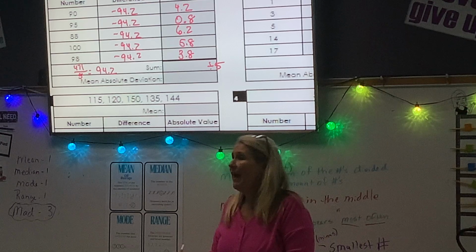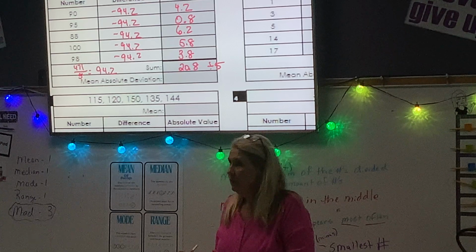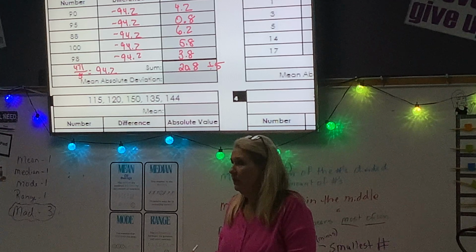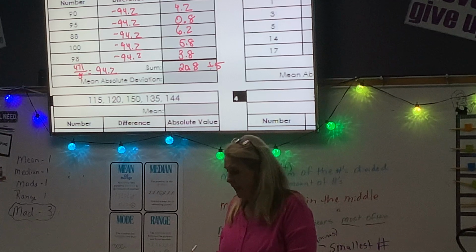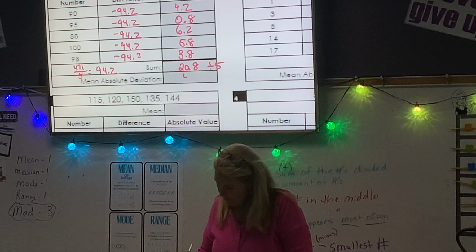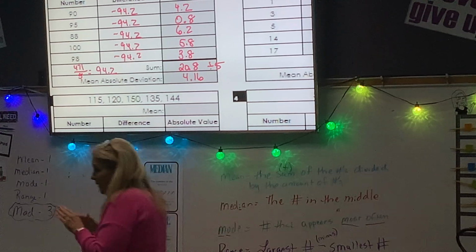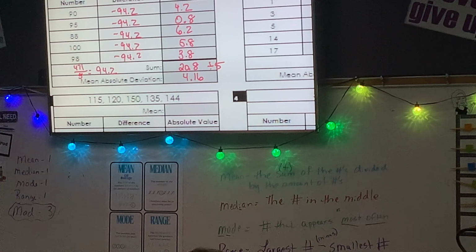What did you get when you added them up? What is 20.8 divided by 5? 4.2. Now, what you're going to do, your homework assignment, is show your work. See how simple that is?